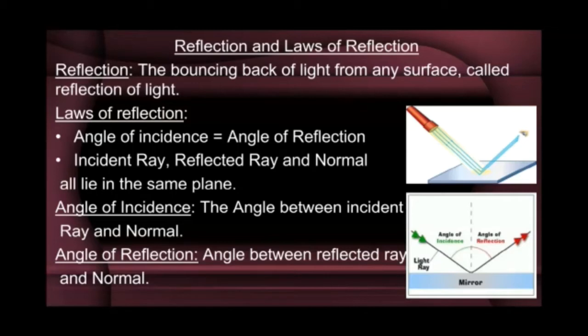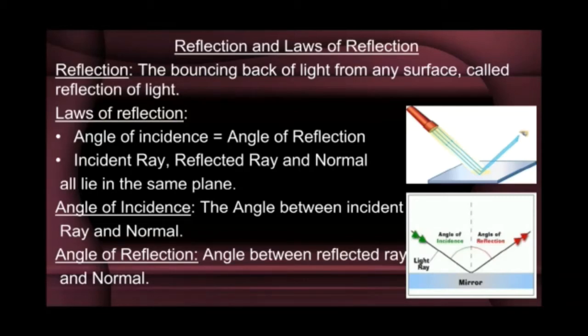When light falls on a plane mirror, then the angle of incidence is equal to the angle of reflection, that is, angle i is equal to angle r. Second law of reflection: the incident ray, reflected ray and normal all lie in the same plane.